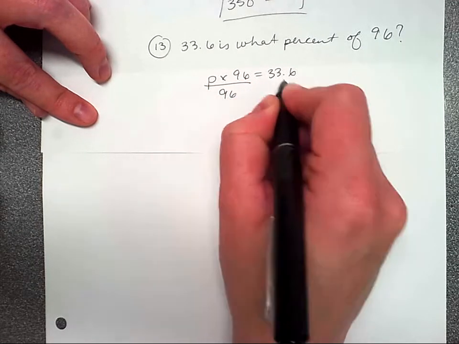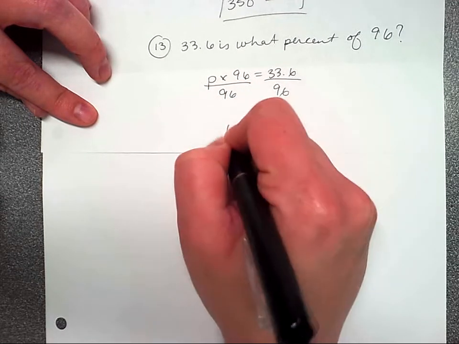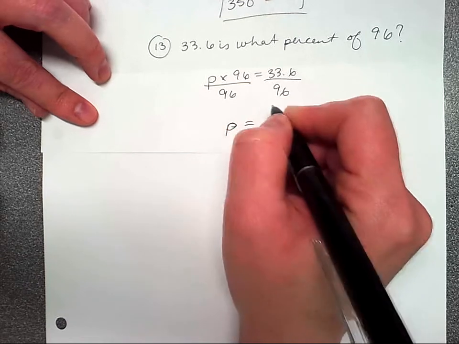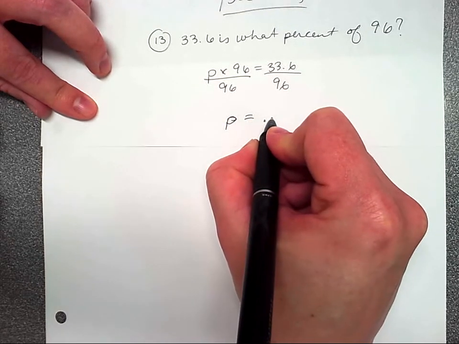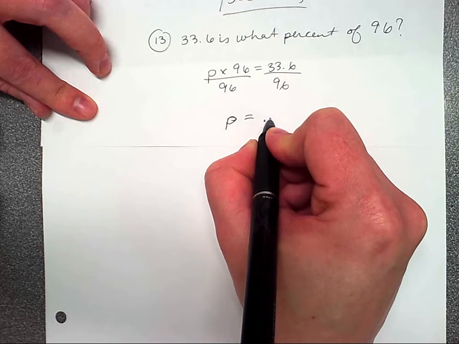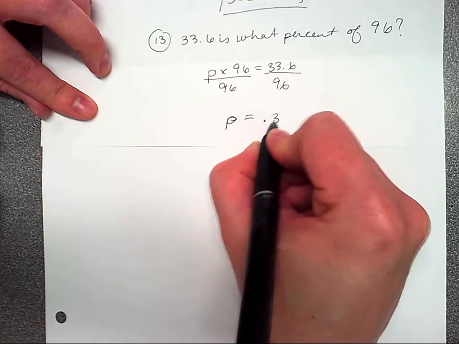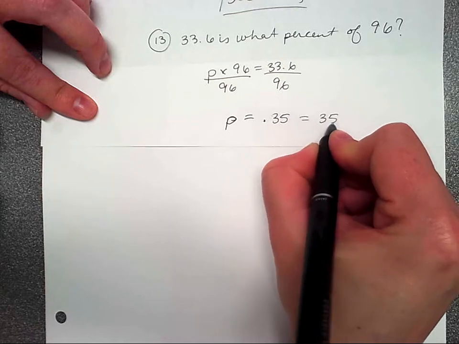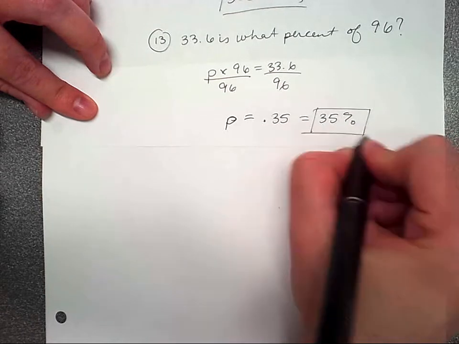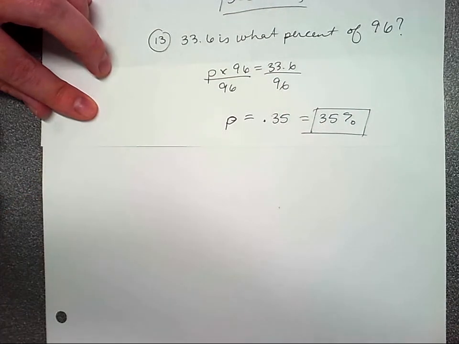Good. So P equals what? 0.486. Point what? 0.35. So that equals 35%. Typed in the wrong number. Okay.